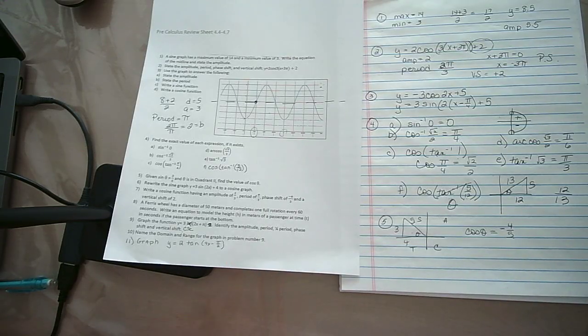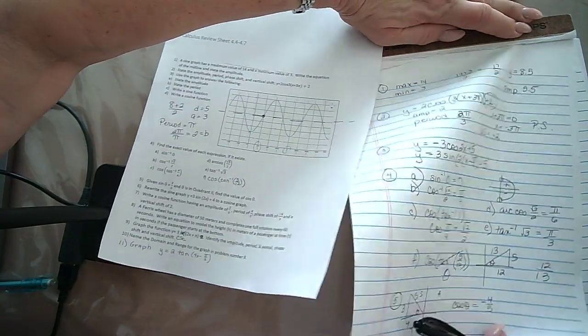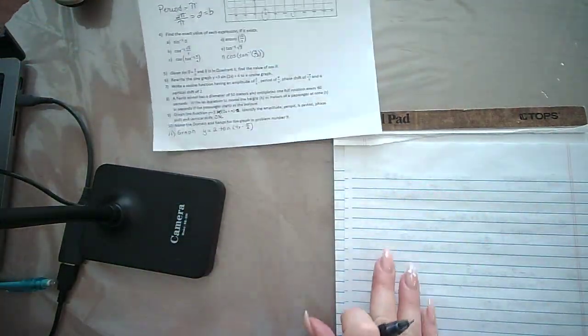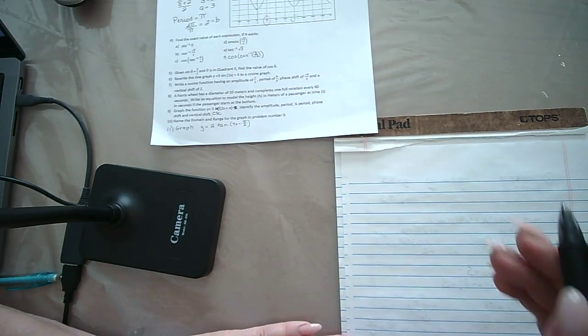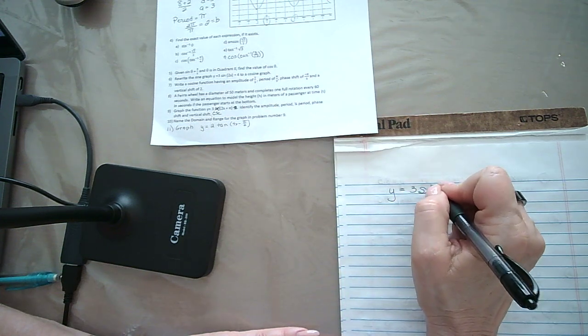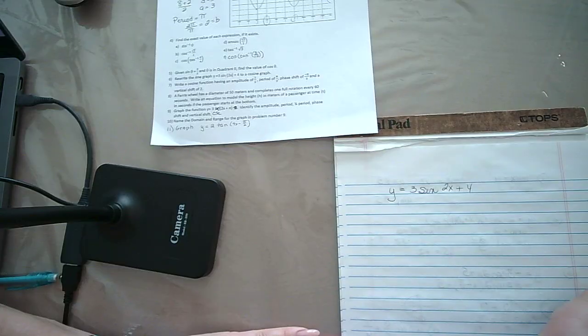Number 6 is to rewrite the sine graph y equals 3 sine of 2x plus 4 as a cosine graph.